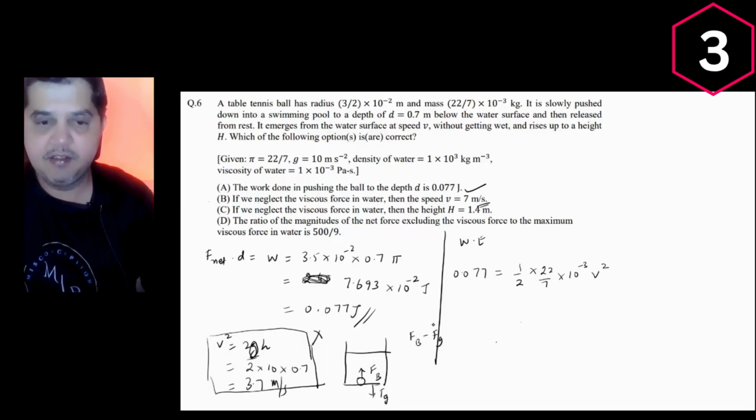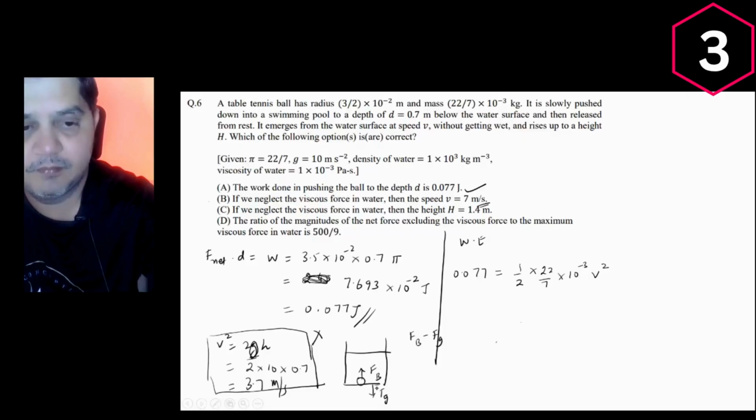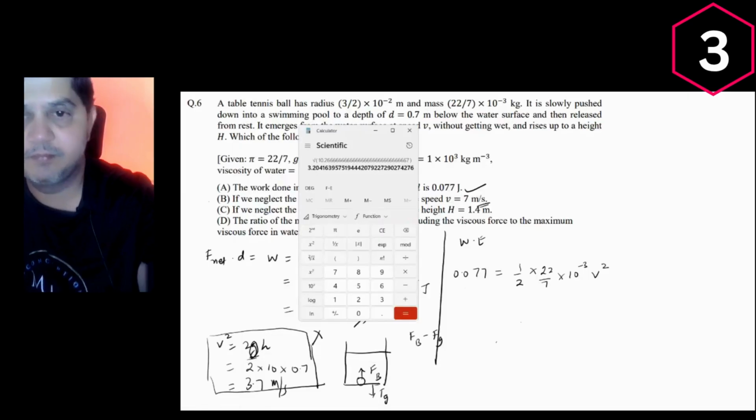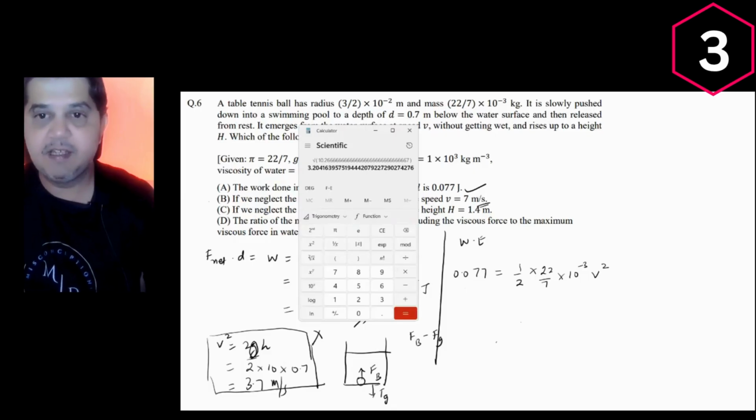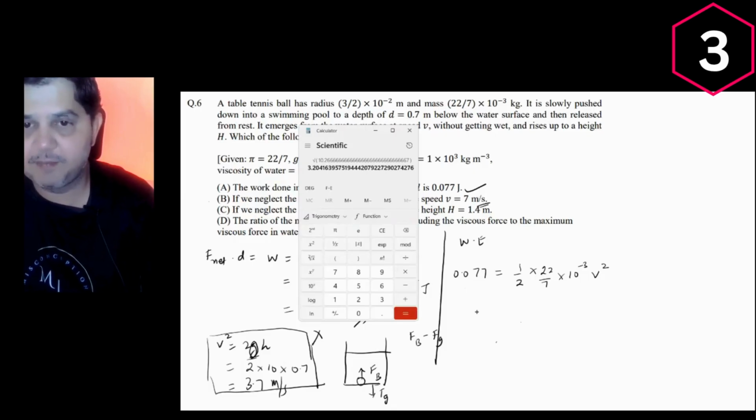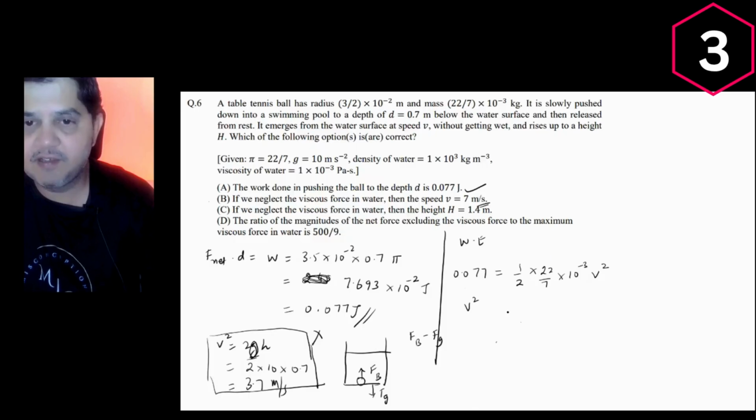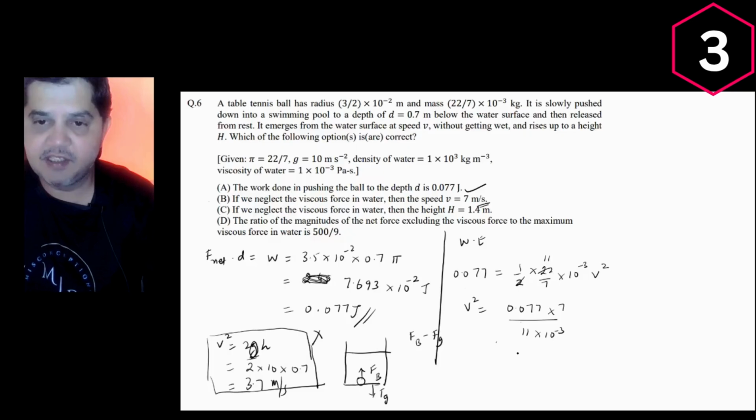So what do I get here? Let me first write v square as the subject. v square is equal to 0.077 multiplied by 2, ones are 2, 11s are, I'll simplify this itself, 7 divided by 11 into 10 to the power of minus 3.